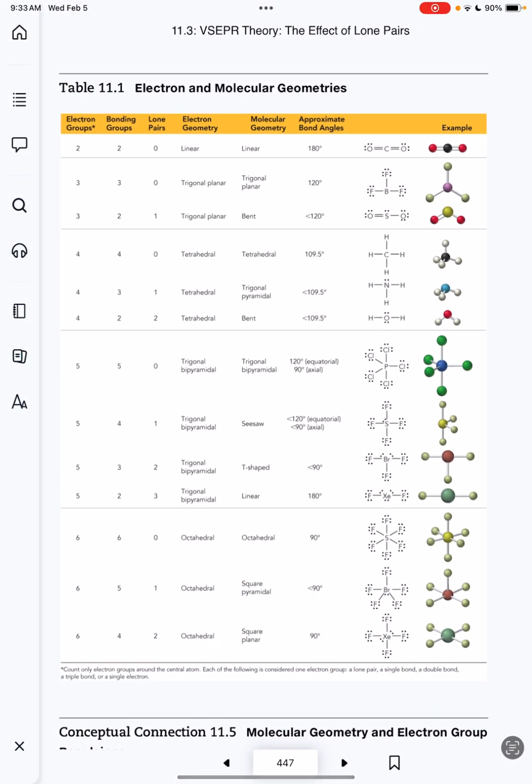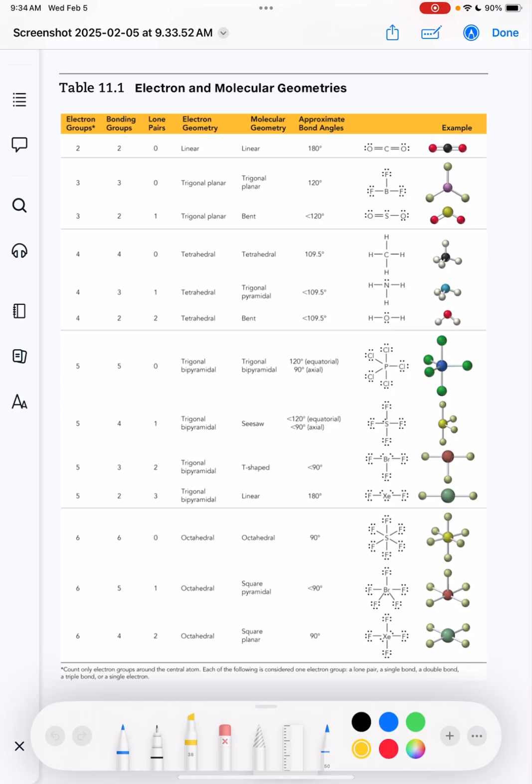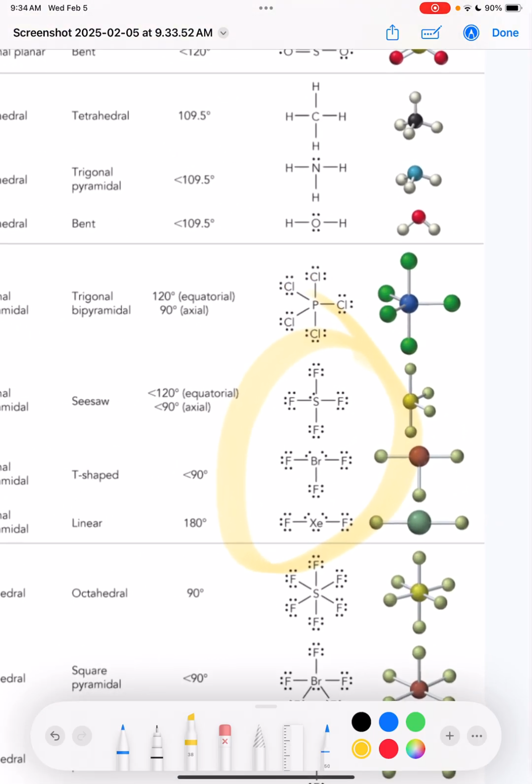All right, so we did 2, 3, and 4 groups, and now we're doing 5 groups. So the one we just did is all of them being bonds, and there's all these other examples of when we add lone pairs. So I think I have SF4 on there, but it's good to go through these because I don't have all of these different examples.